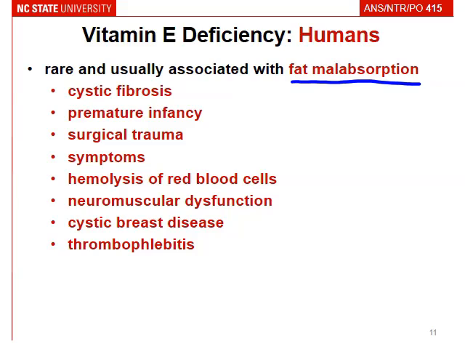If you ever had those Wow chips that I think Lay's potato chips had back in the late 90s, those can cause some fat malabsorption, and there are various other metabolic diseases that end up resulting in malabsorption of fat.